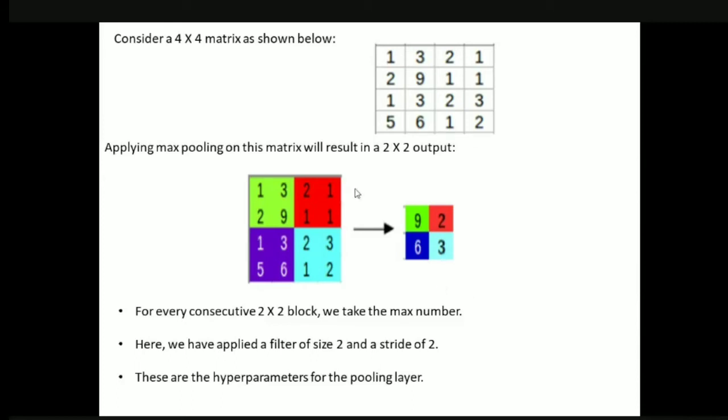So here we have applied a filter of size how much? 2, and the stride is also 2, because filter 2 means 2 by 2 filter, and stride 2 means 2 pixels it will be shifting. That is, at first it will be on the green, and in the second shift it will be on the red, and next it will be shifting to blue, and next it will be shifting to sky blue. So this is how we use the filter of size 2, and also we use the stride of 2. So by using this max pooling, we are going to reduce the size of the feature map.